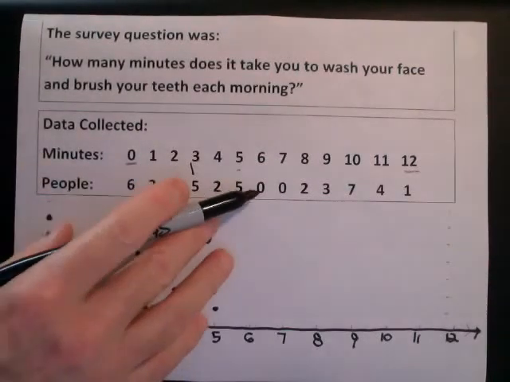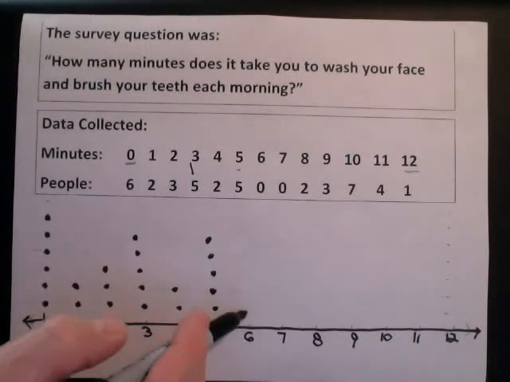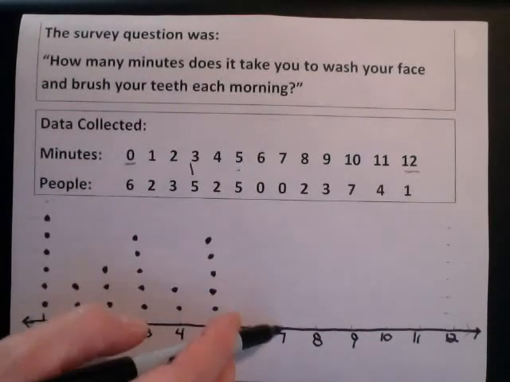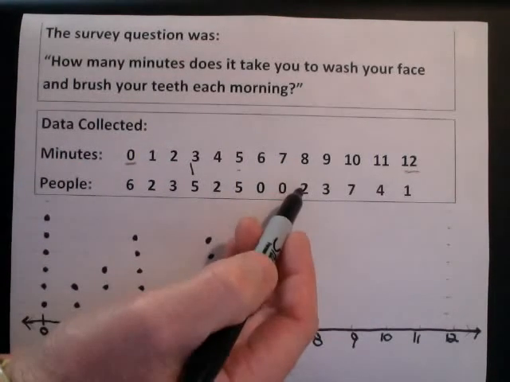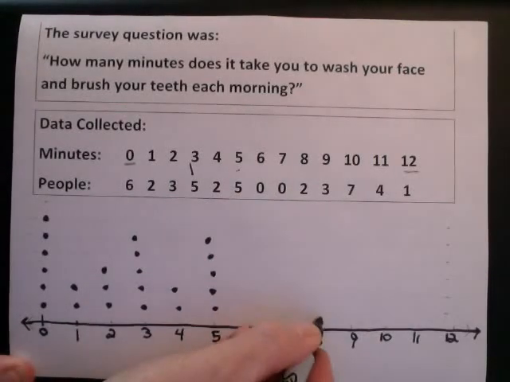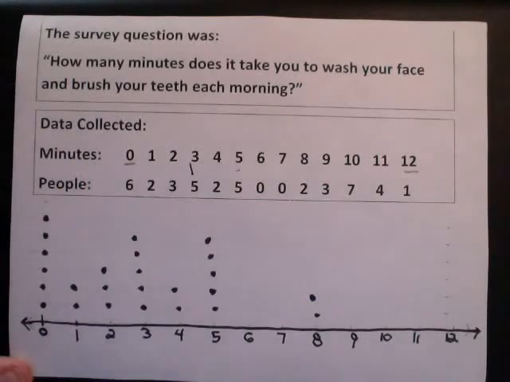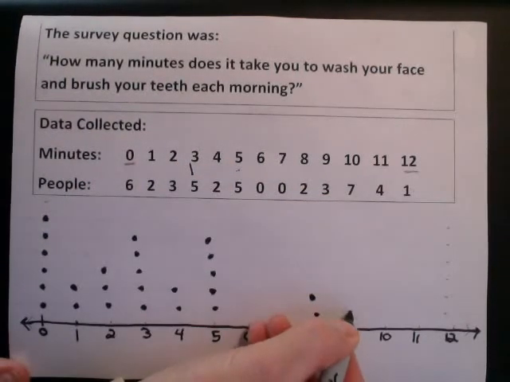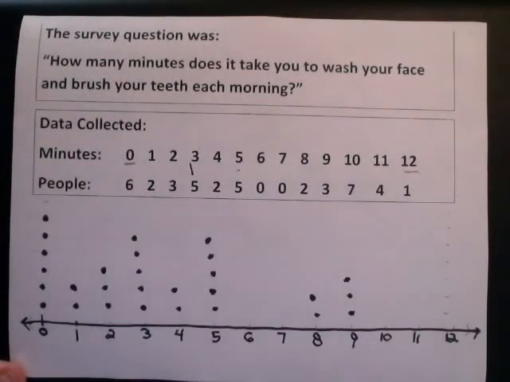And then look at this. 0 people spend 6 minutes, so we'll put no marks up above 6. 0 people spend 7 minutes, so we'll put no dots above 7. And then we get to 8, and we can see that 2 people take 8 minutes, so we're going to put 1, 2 dots above 8. And then 3 people take 9 minutes, so we'll have 1, 2, 3 above 9.